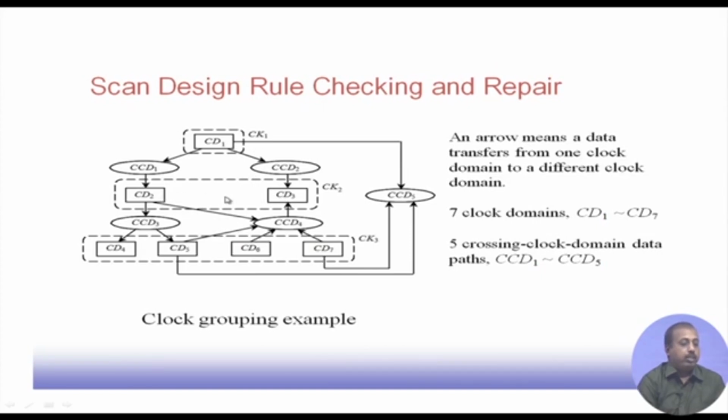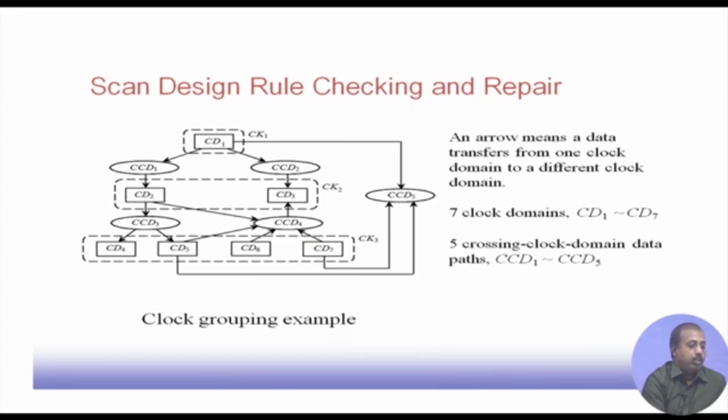Now if there is no crossing, what we can do is try to assign some clock values to these individual clock domains. CD1 and CD2 cannot be assigned the same clock because they are two different clock domains, and there is some data that will be coming from one clock domain to another clock domain.